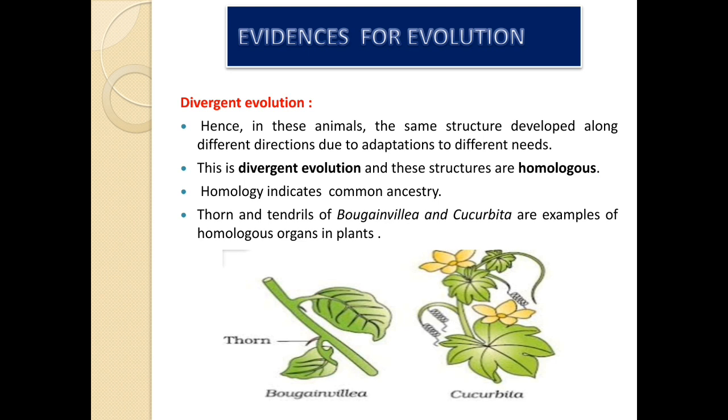That means the origin place is the stem, but their function is different. The thorn is for protection in Bougainvillea, whereas in Cucurbita the tendrils are for support, to go up and spread. With the help of the tendrils they will hold that support.